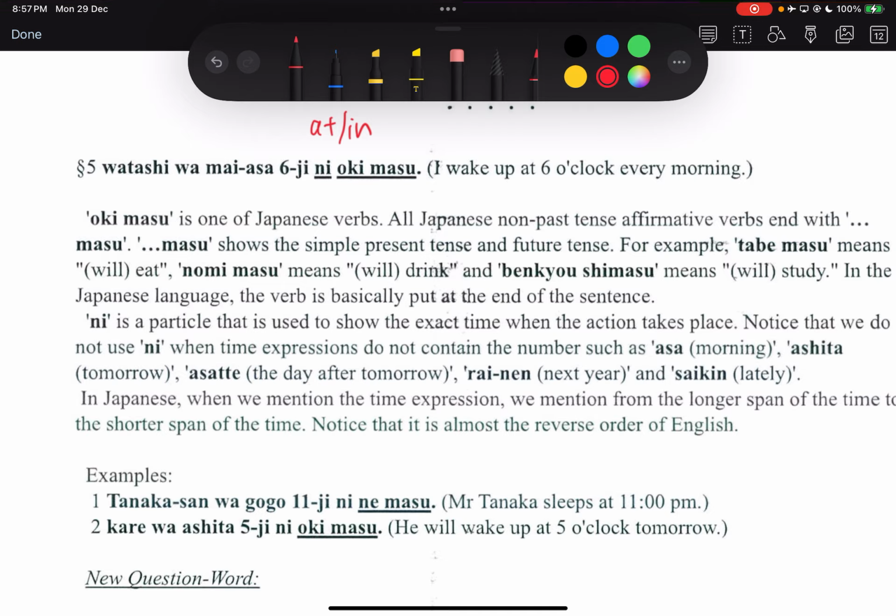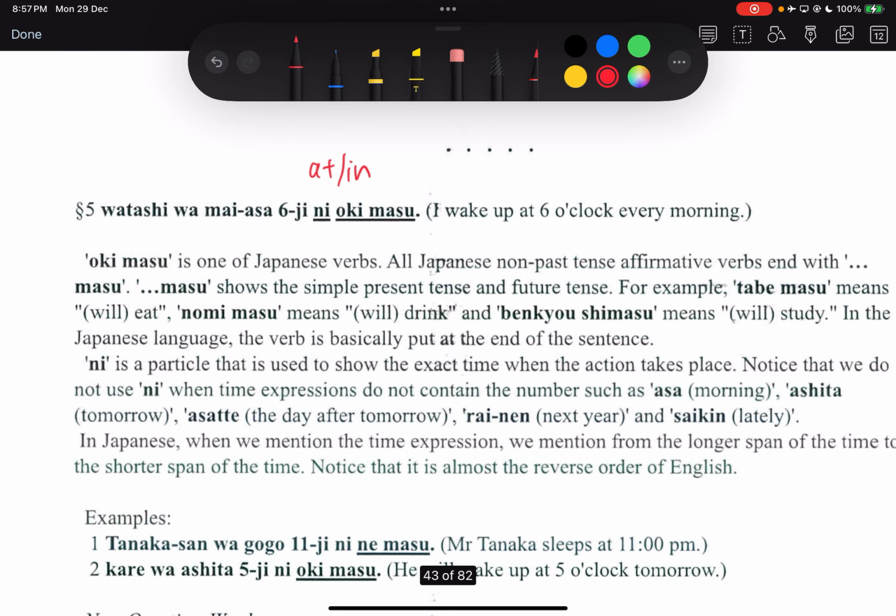It's very weird to say that in English as well, right? So this に is only for time expressions with numbers. It means exactly at this time there is something happening. Then what's happening will be the verb.